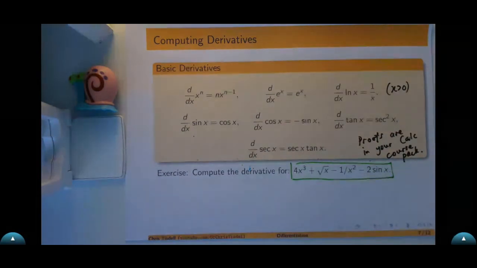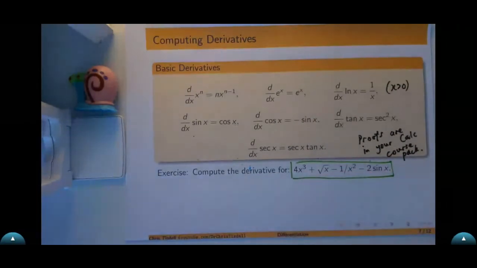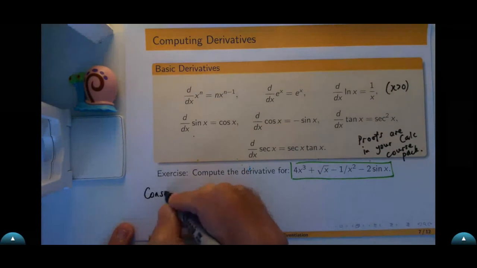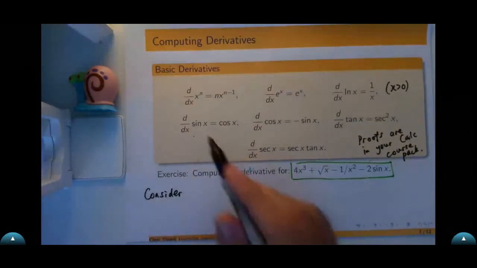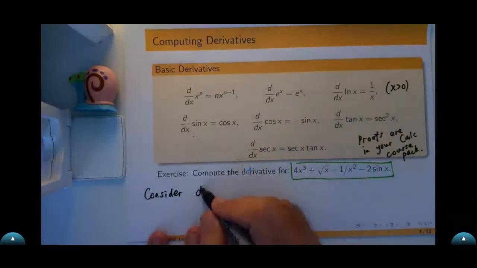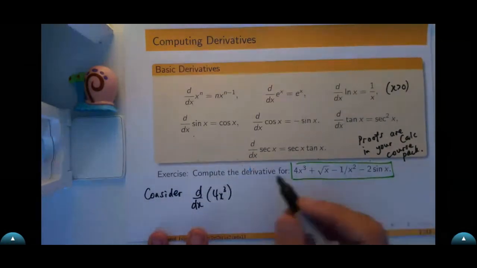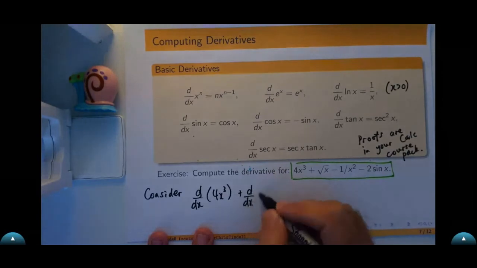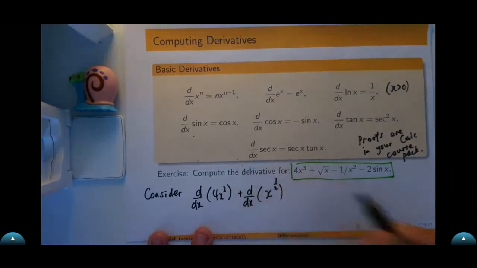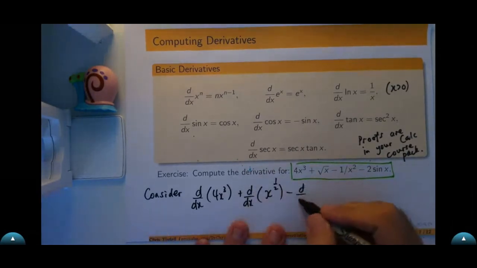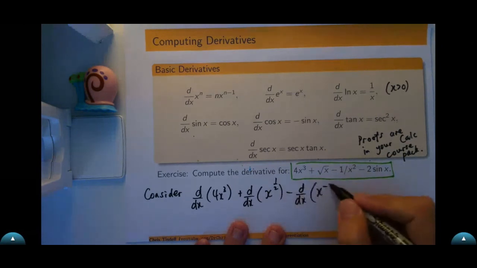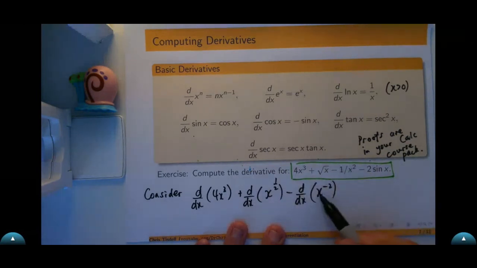The way I like to do these problems is just to break them up into 4 parts. So I've written 1 on x squared as x to the -2 there.